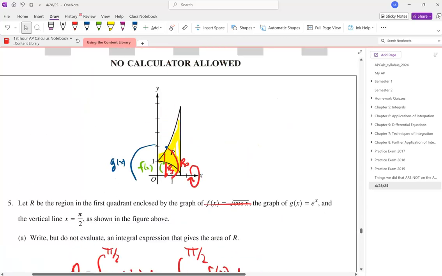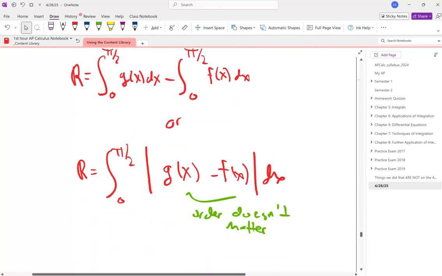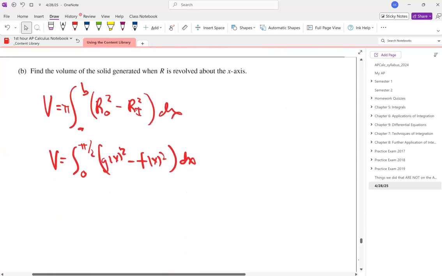When the axis of rotation is horizontal, it's a dx. We're using x's for disks and washers. The axis of rotation is vertical, we're doing dy's for disks and washers. All right.